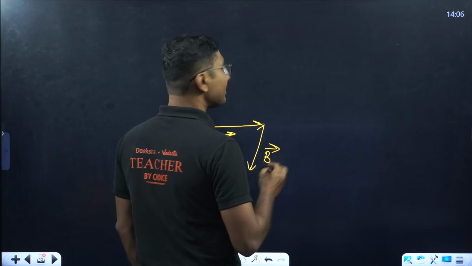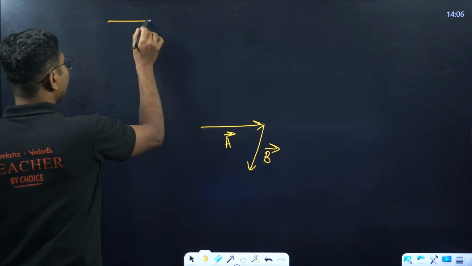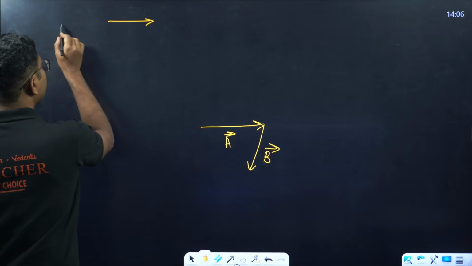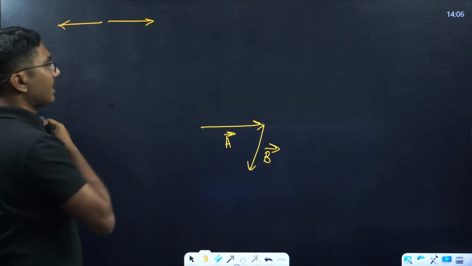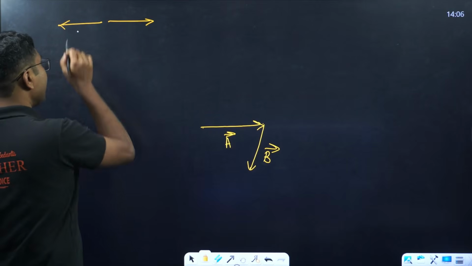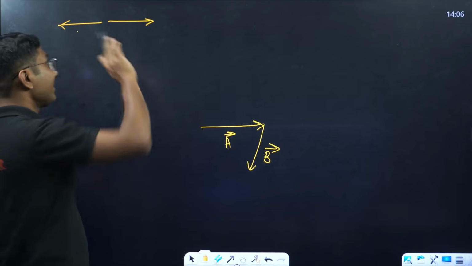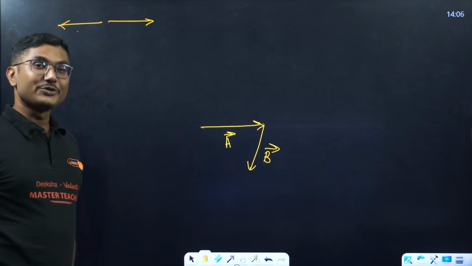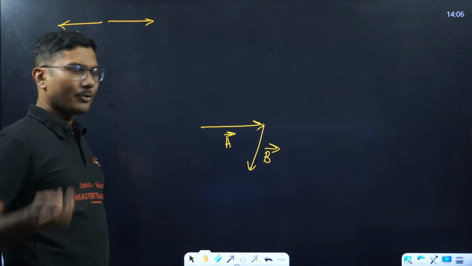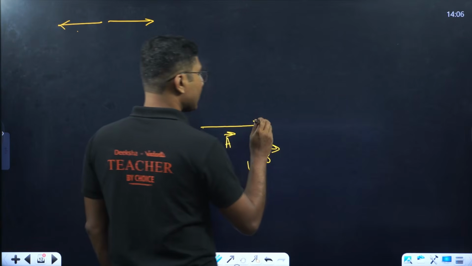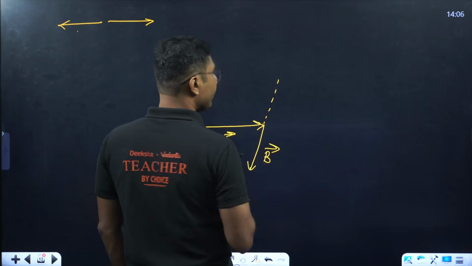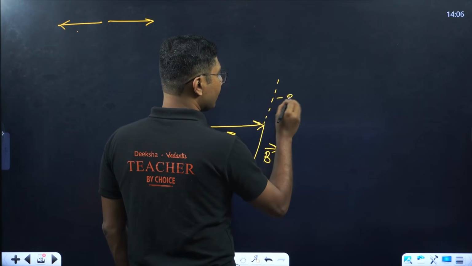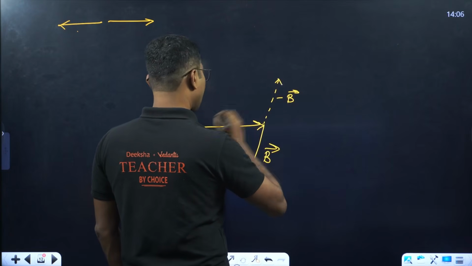How do you take the negative of a vector? If this is a positive vector, then exactly equal and opposite will be the negative vector. If the vector is already negative and you are doing a subtraction, you need to take negative of negative, which will be positive. The same as in mathematics, the only thing you need to consider is a vector which is opposite to that vector. So this will be my minus b vector. Now you add them.